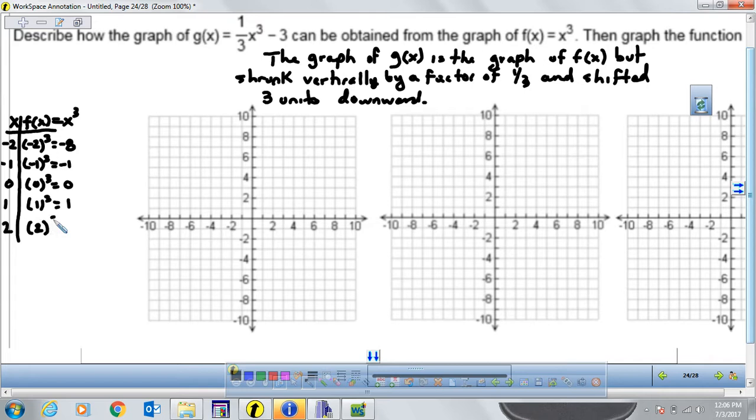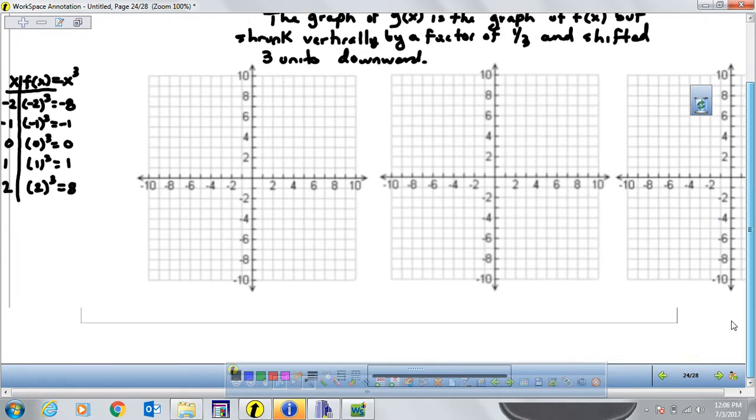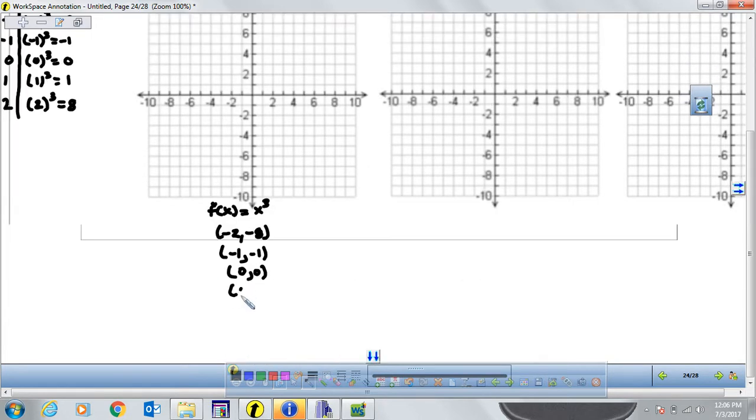And 2 to the 3rd power is 8. So let's put the points here. For the function f of x equals x cubed, we got the following points: (-2, -8), (-1, -1), (0, 0), (1, 1), and (2, 8).